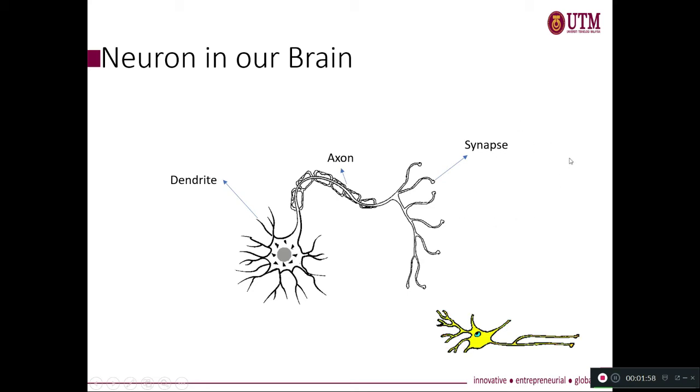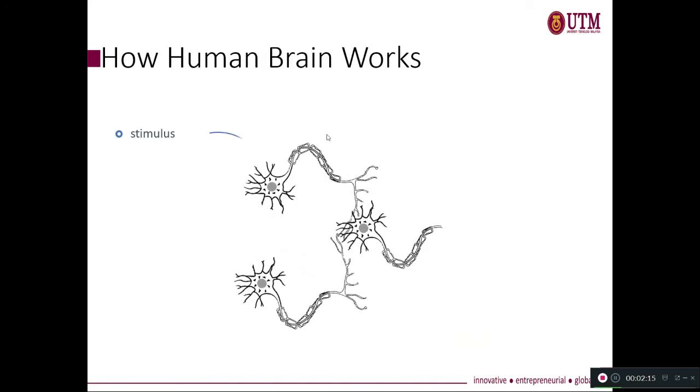So that's how the neurons work. Again, this is just a single neuron, so that's why it consists of these three main components.